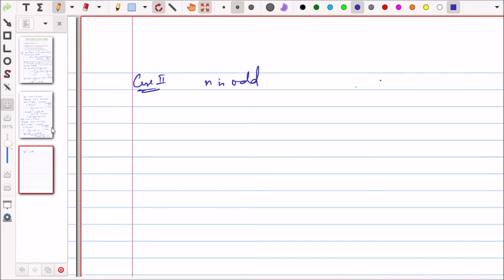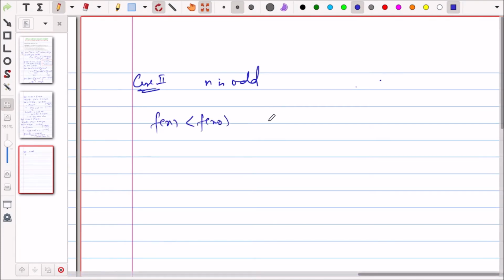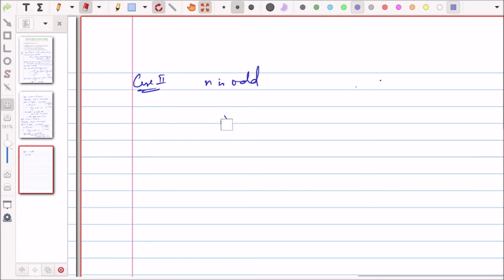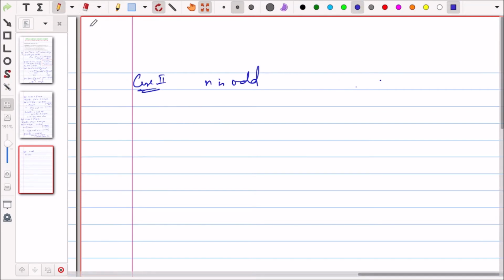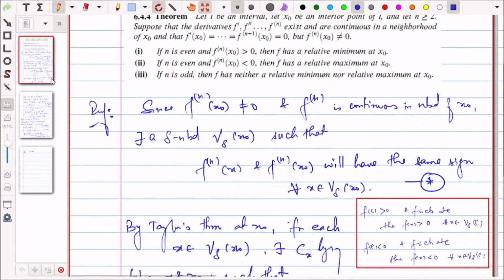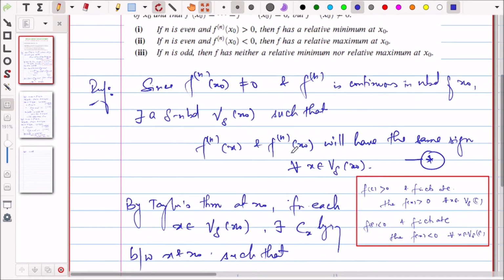Now case third, when n is odd. So basically we have to show that f(x) is less than f(x naught) at some points, or f(x) is greater than f(x naught) at some points in this neighborhood. So how will you prove that? It will come from here because f^n(x naught) and f^n(x) will have the same sign.